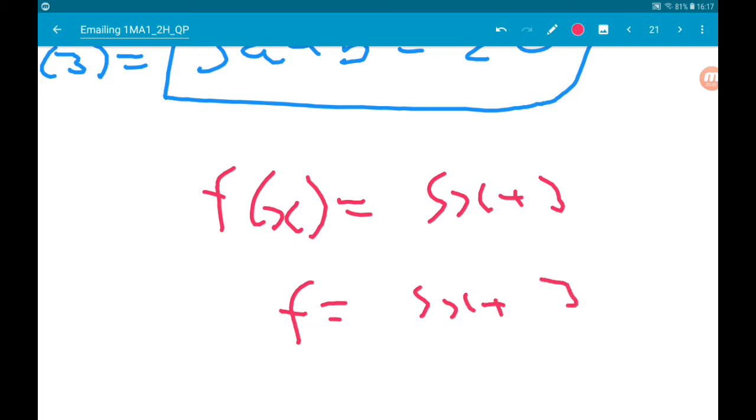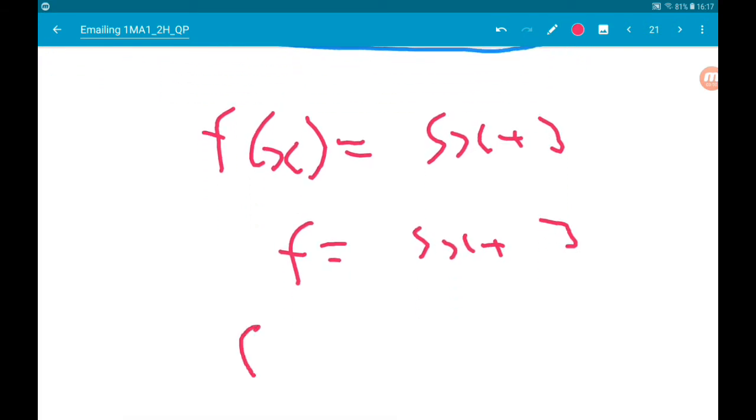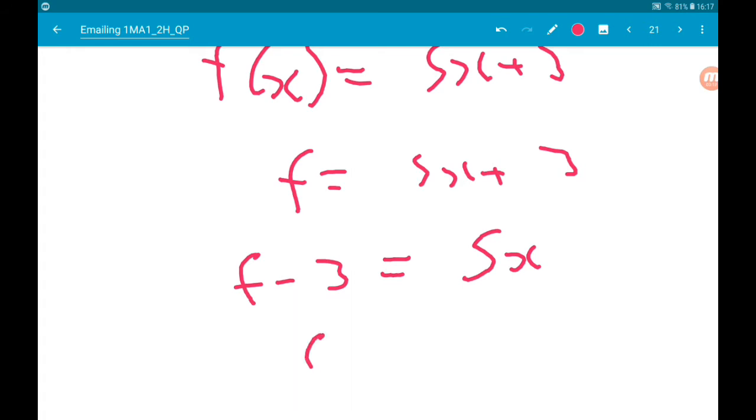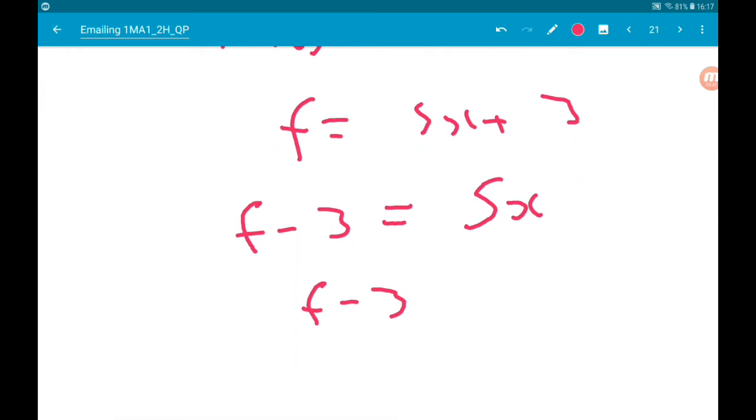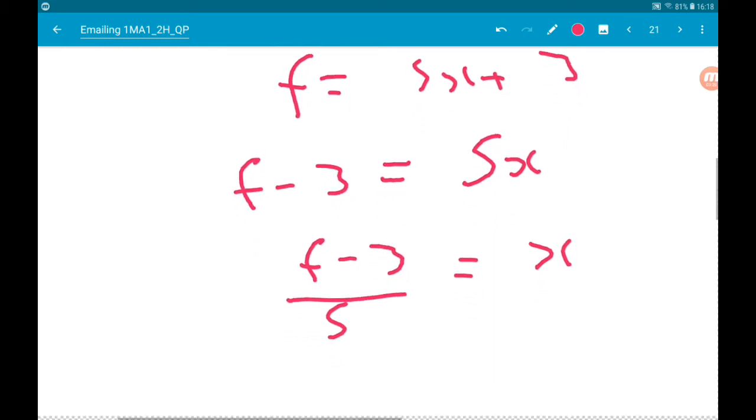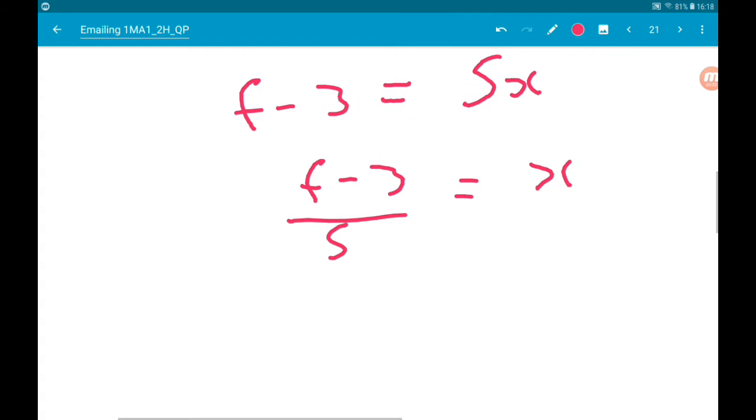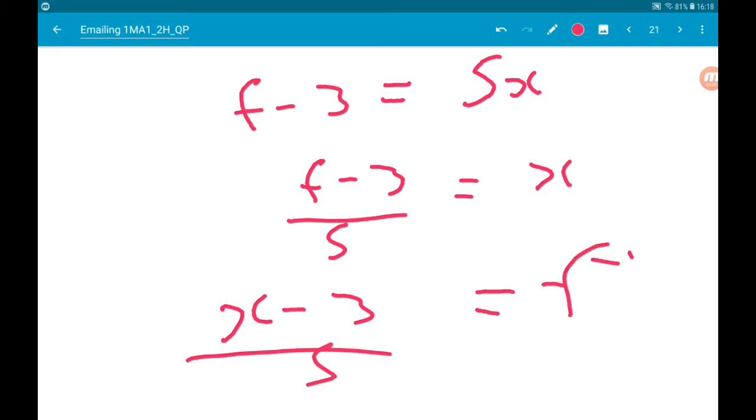Now we want to make x the subject. So we're going to subtract 3. So f minus 3 is 5x. Divide by 5, we get f minus 3 all over 5 is equal to x. And now to get the inverse, f and x swap places. So we get x minus 3 over 5 is the inverse f function.